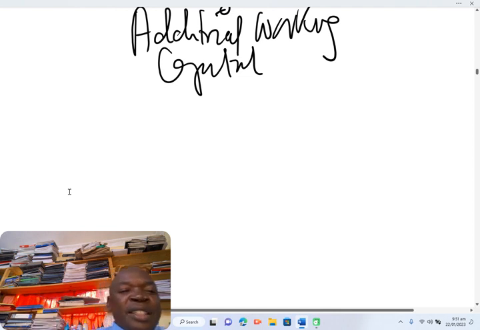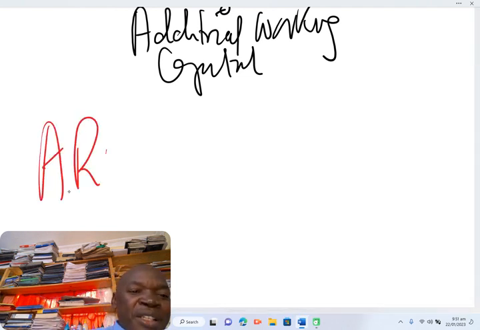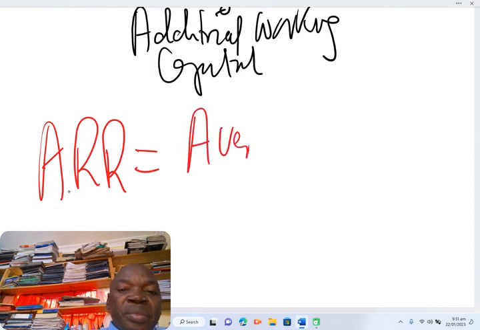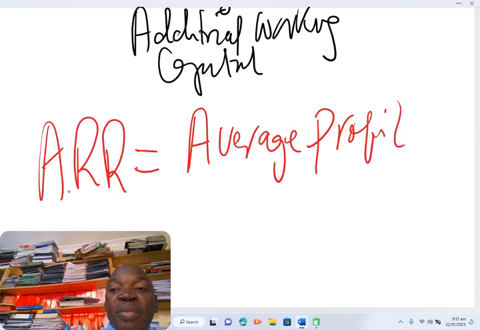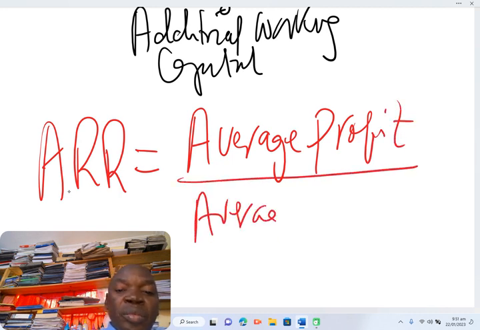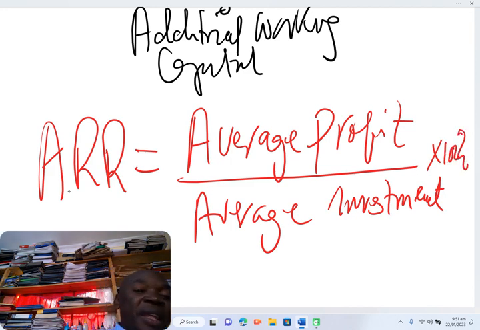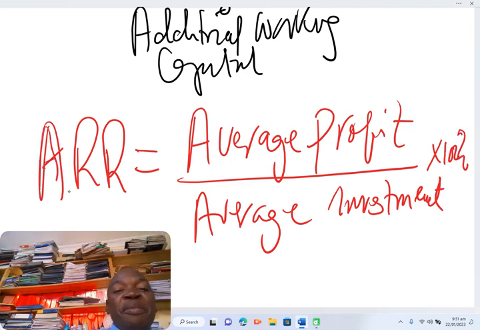The IRR, as per the formula, says you take the average profit over average investment times 100%. This is what the formula is telling us.